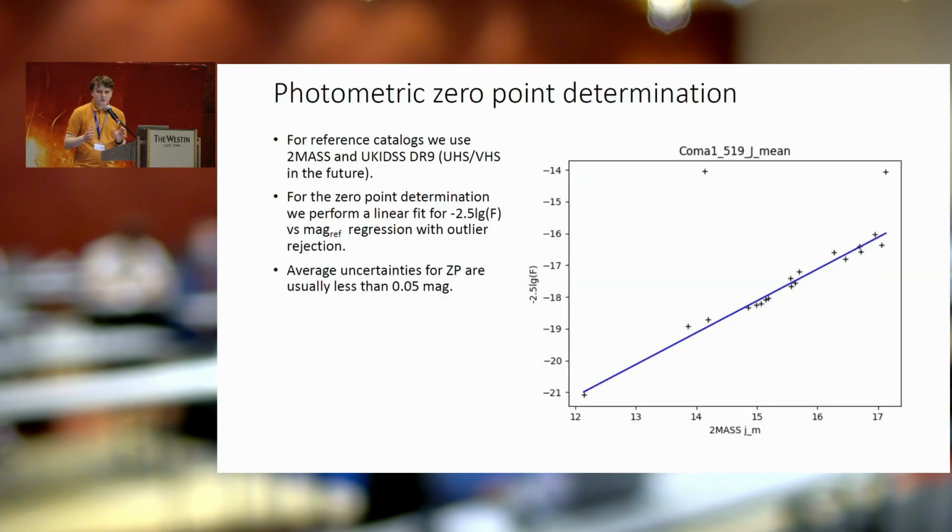After this procedure, the last part needed for mosaic construction is the zeropoint determination. We need to do a flux calibration. For these purposes, you simply match the catalog of sources on your frame with the reference catalog, and after this you do regression, best fit minimization, where you derive the zeropoint value.